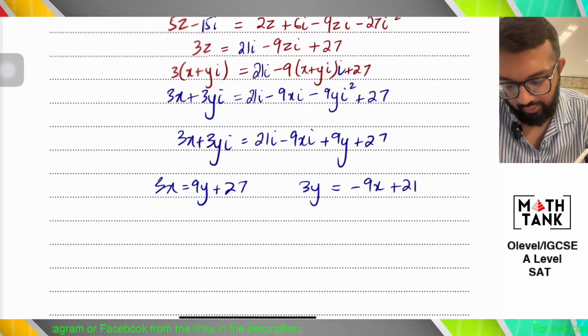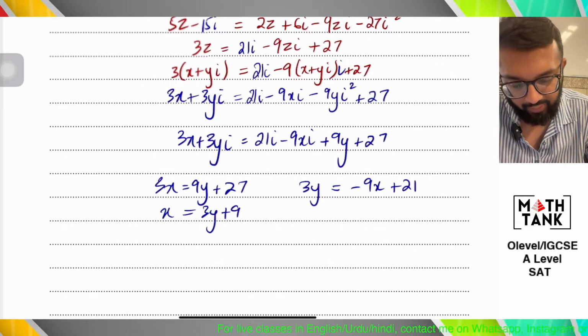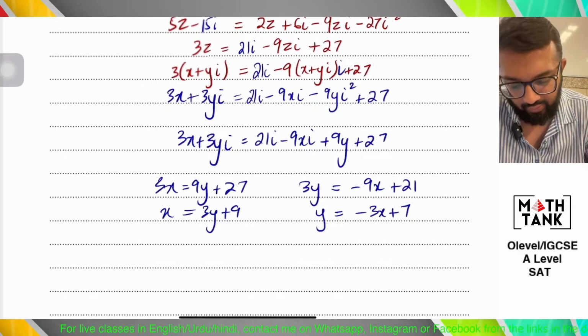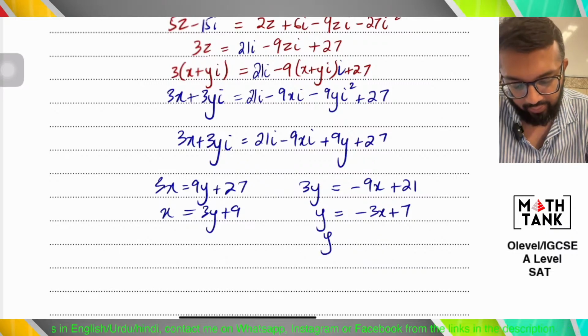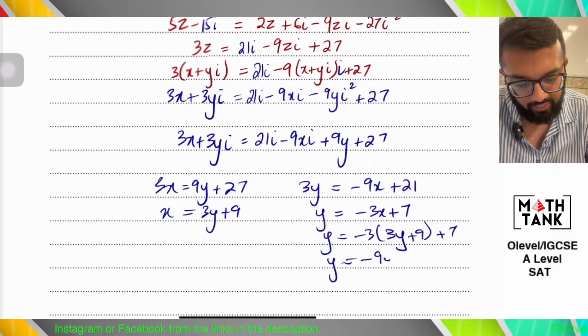Okay, things become x plus x equals 3y plus 9. I've divided everything by 3, and this becomes y equals minus 3x plus 7. So I substitute x here. So y equals minus 9y minus 27 plus 7.